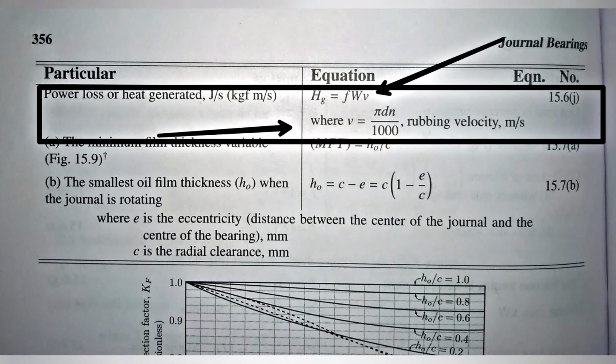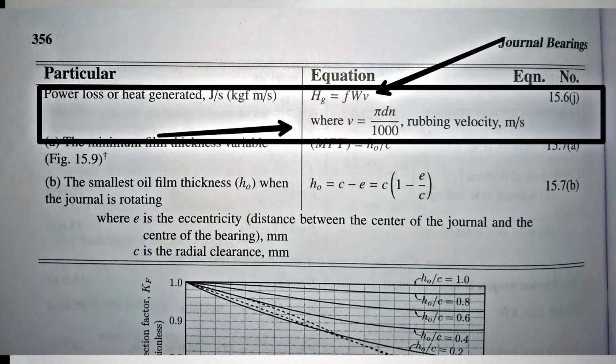Now we will move ahead with calculating the amount of heat generated in the journal bearing. The formula that will be used for this is Hg is equal to F into W into V. In order to find this, we need F, W and V. Since F is already calculated with the help of the Mackey equation, we can substitute that value here.